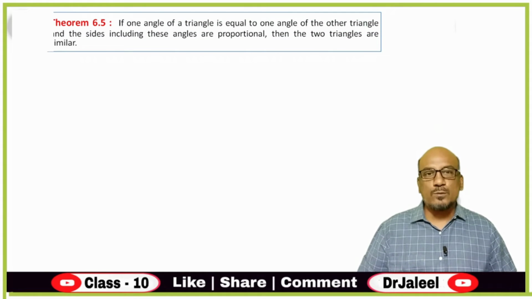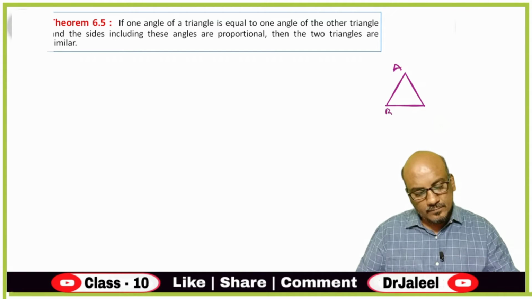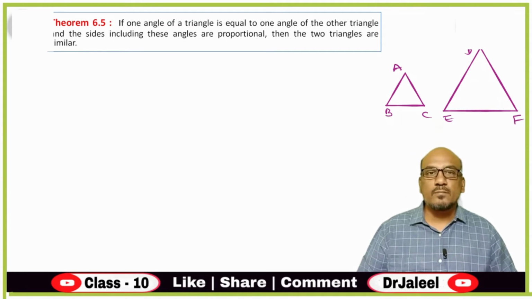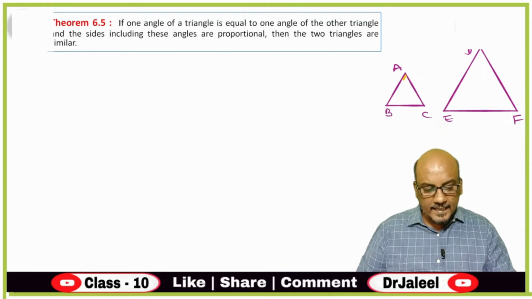Let us now take two triangles, triangle ABC and triangle DEF. In these two triangles, it is said that angle A and angle D both are equal.